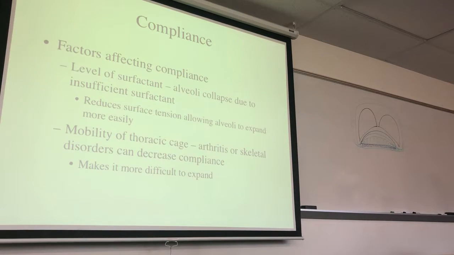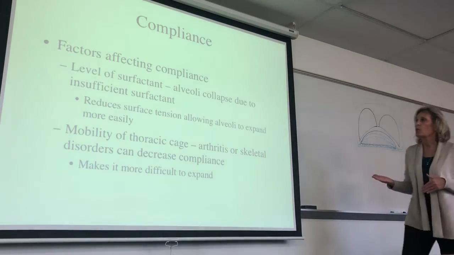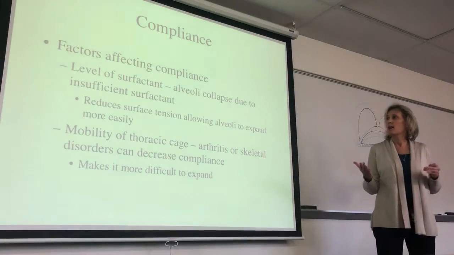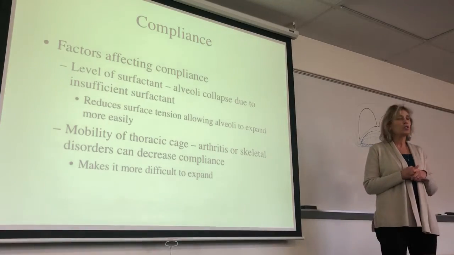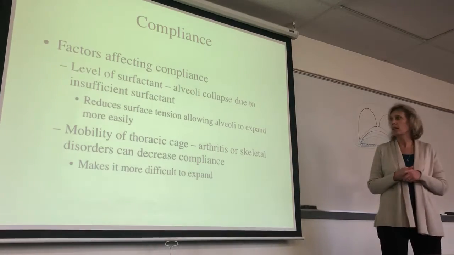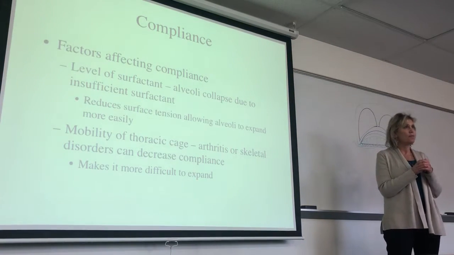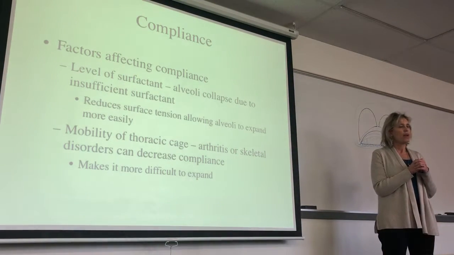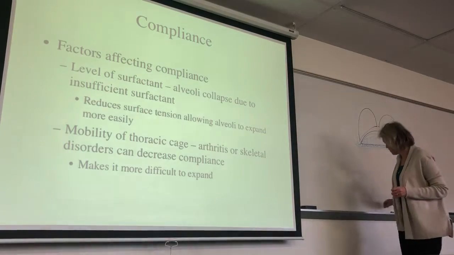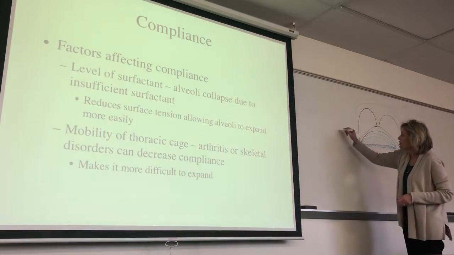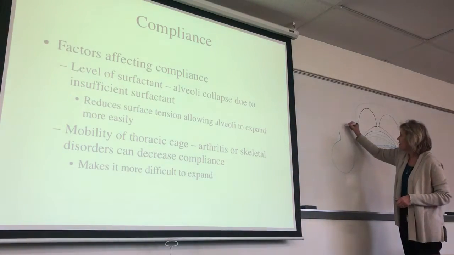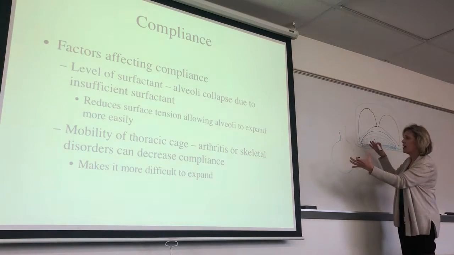Okay, there are some other things that affect compliance, like the level of surfactant. What surfactant does is it reduces the surface tension, okay? So that the alveoli can expand more easily. The alveoli need to be able to expand.